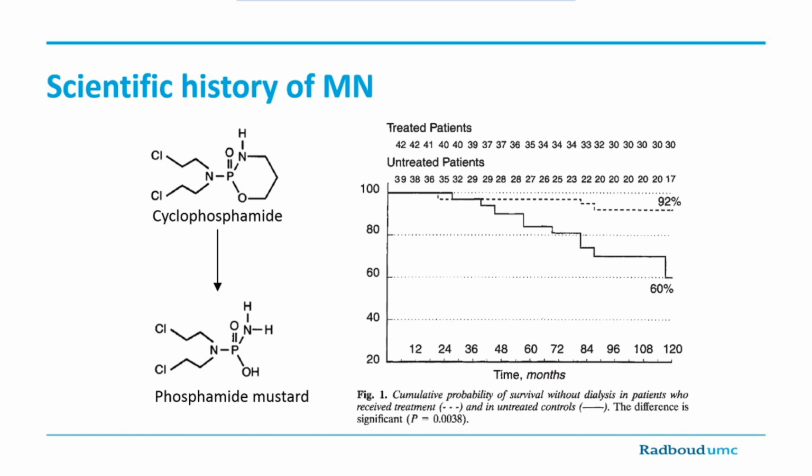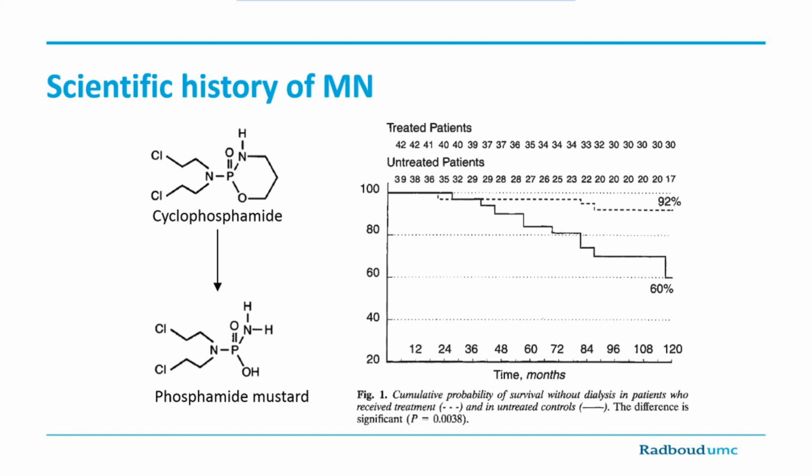And soldiers who survived the gas attacks, after going back to their homes, seemed to be more susceptible to infections. And so, in the late 1940s, the mustard derivatives were first deployed to suppress the immune system in the case of leukemia.